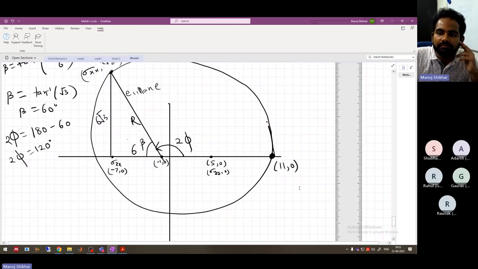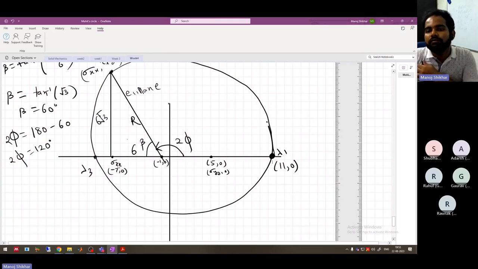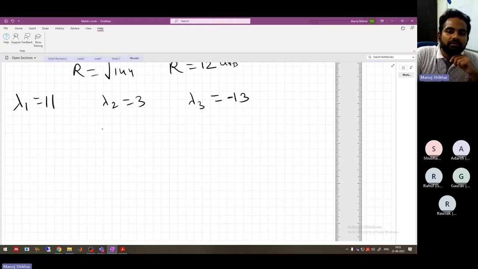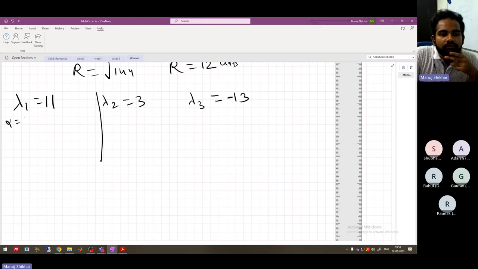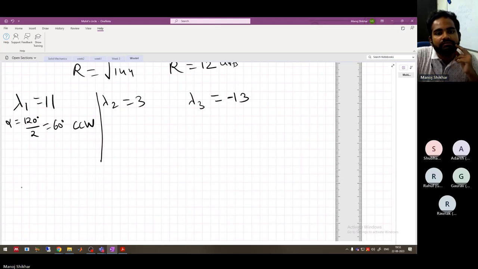So to reach this first principal plane, this is lambda 1, this is lambda 3. To reach lambda 1, I have to move 120 degrees clockwise on the Mohr circle. So where is the location of lambda 1? In reality, alpha equals 120 degrees by 2, that is 60 degrees counterclockwise from E1 or X plane. CCW is counterclockwise, CW means clockwise.